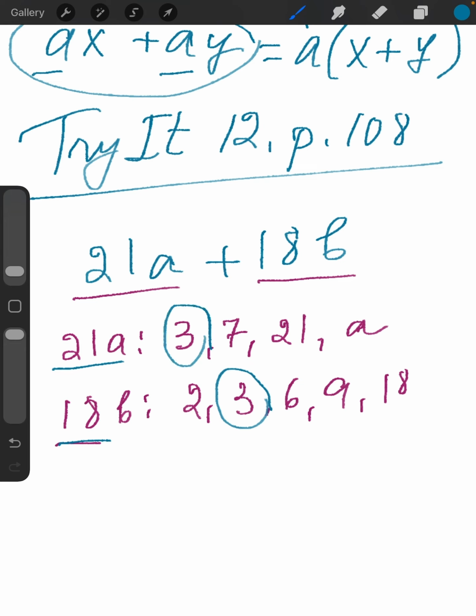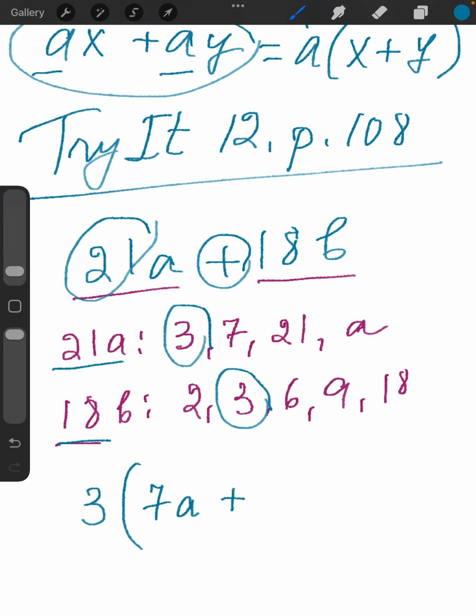So we'll put 3 outside the parentheses, open the parentheses, and then we're going to divide 21 by 3, right? So we get 7a, right? Don't forget your variable, plus, and then 18 divided by 3 is 6b. And here is all that there is to it.